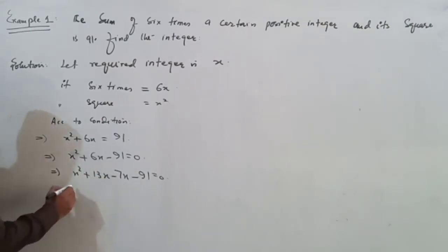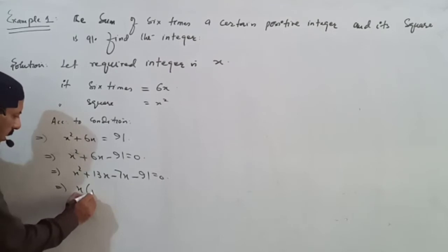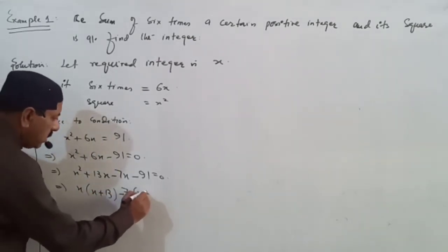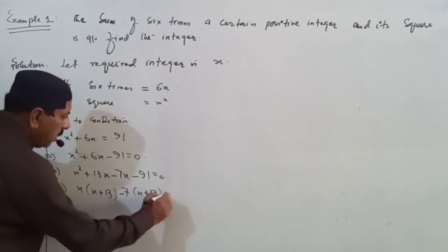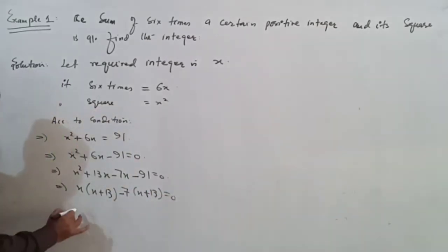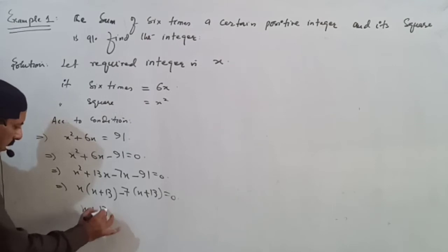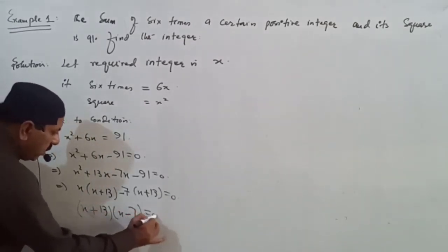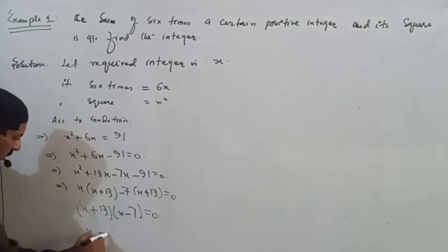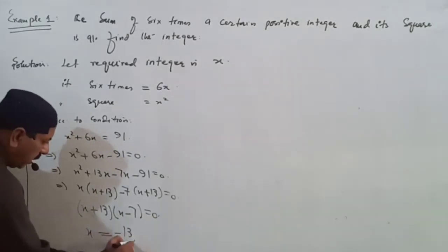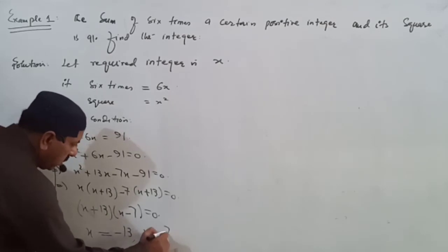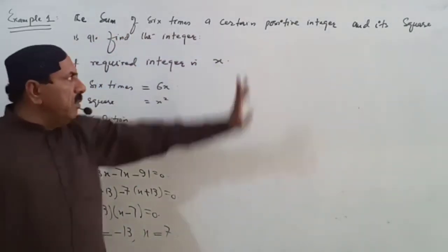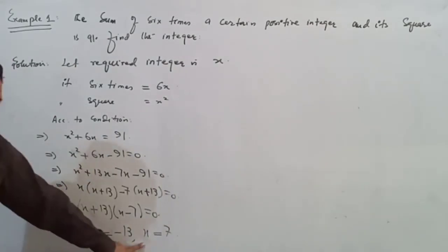So x is common, x plus 13, minus 7 is common, x plus 13 is equal to 0. x plus 13 common, x minus 7 is equal to 0. The value of x is equal to minus 13, the value of x is equal to 7. The number is a certain positive integer, so x is positive, 7 is the correct answer.